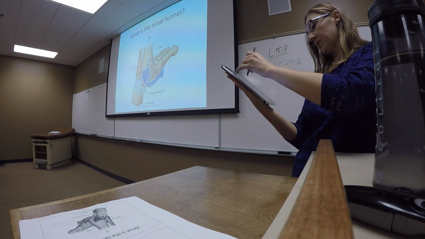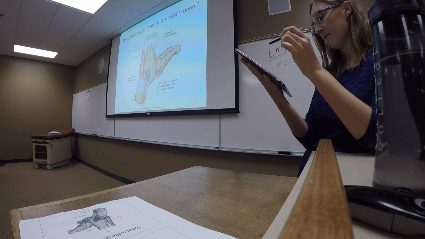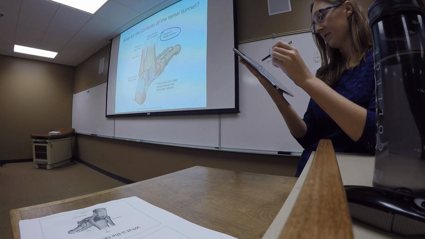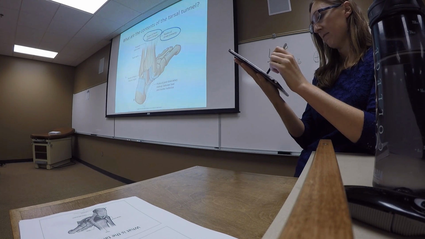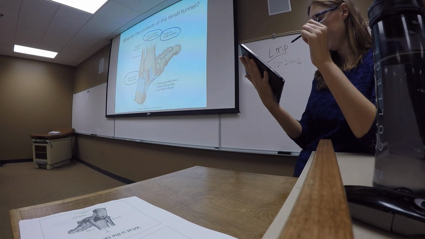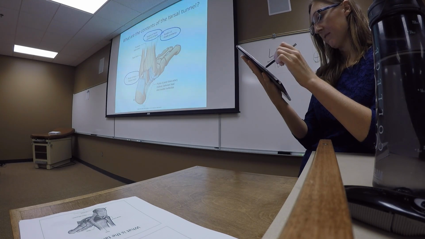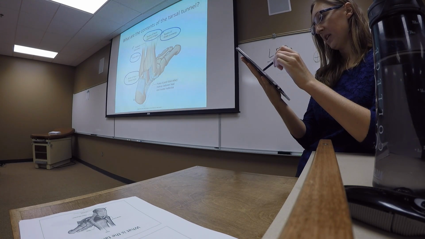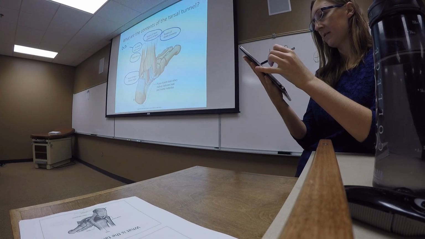So the structures moving through it are the tendons of the tibialis posterior, the flexor digitorum longus, and the flexor hallucis longus. So the major tendons. We have the tibial nerve, and then we have the posterior tibial artery and its associated veins.